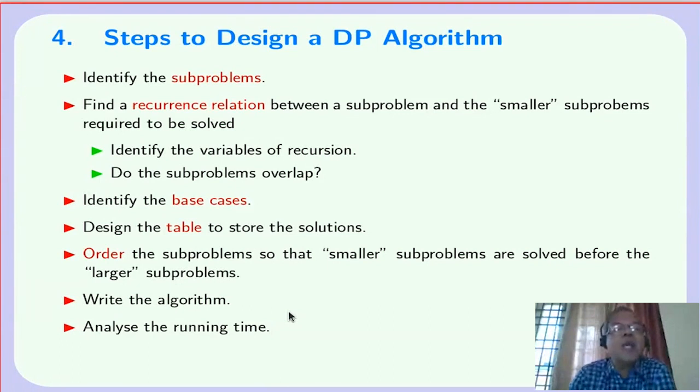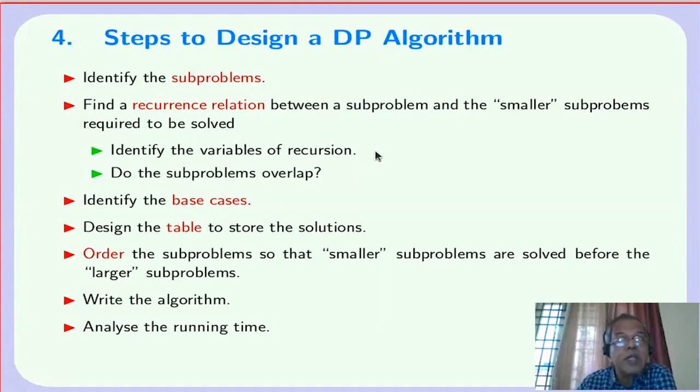Then, once we have identified the subproblems, find a recurrence relation between a subproblem and the smaller subproblems required to be solved. Very importantly, identify the variables of the recursion. Sometimes we may recurse on one variable.